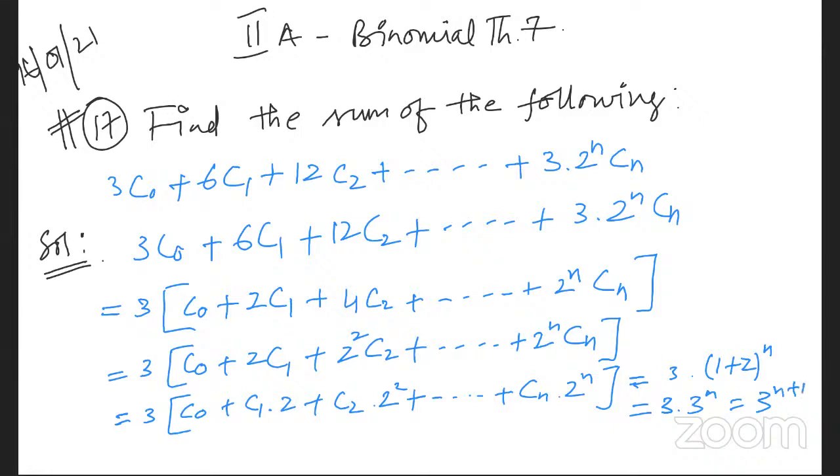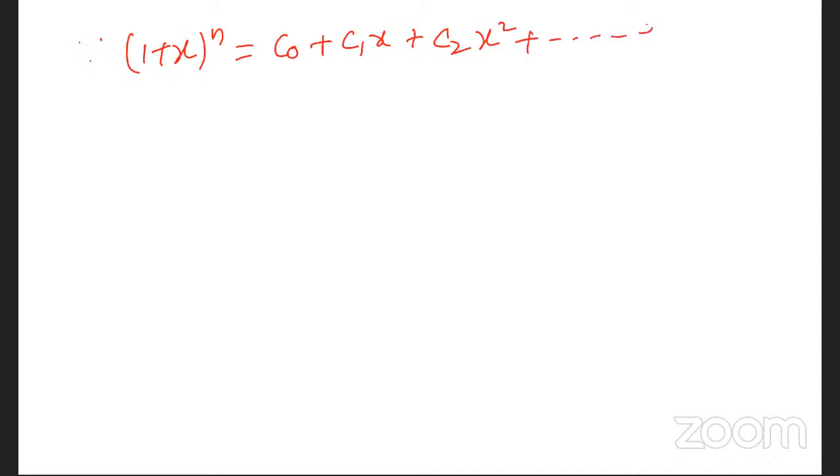So we have used the identity 1 plus x whole power n. The formula for this one is 1 plus x whole power n equals C0 plus C1x plus C2x square plus so on plus Cn into x to the power of n.